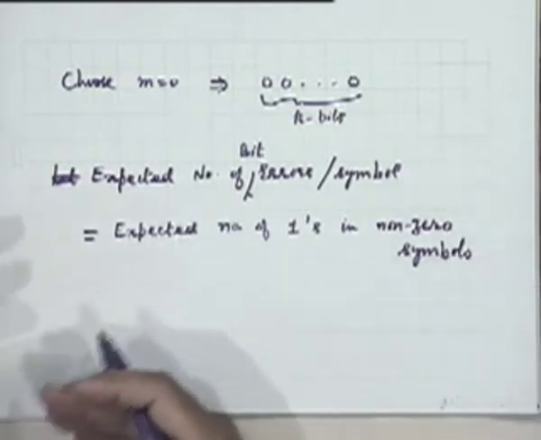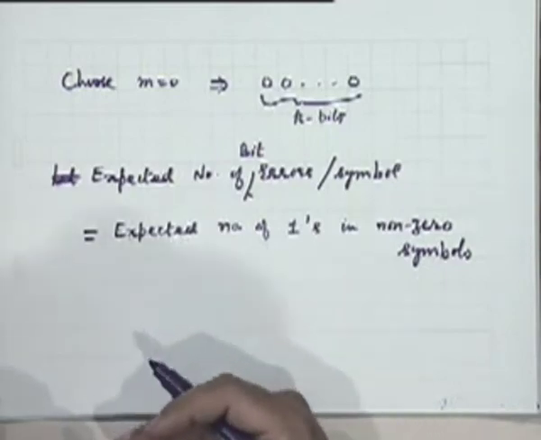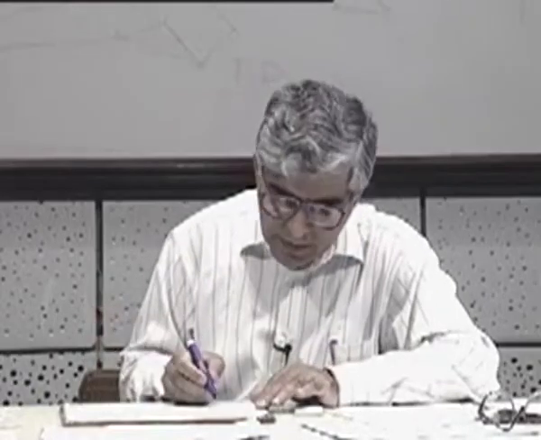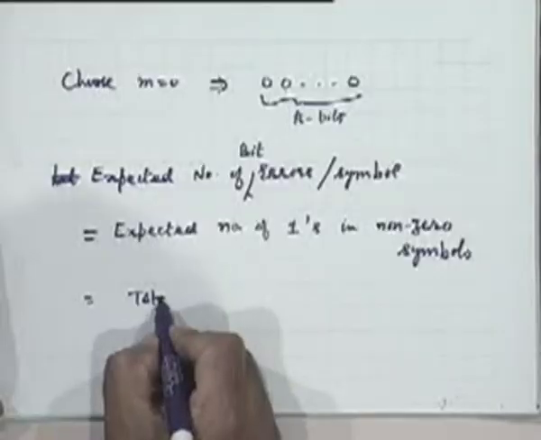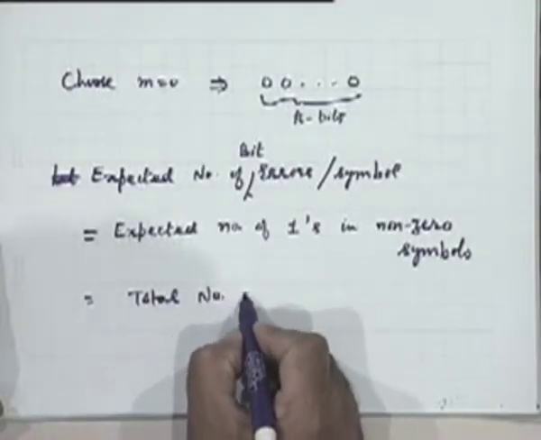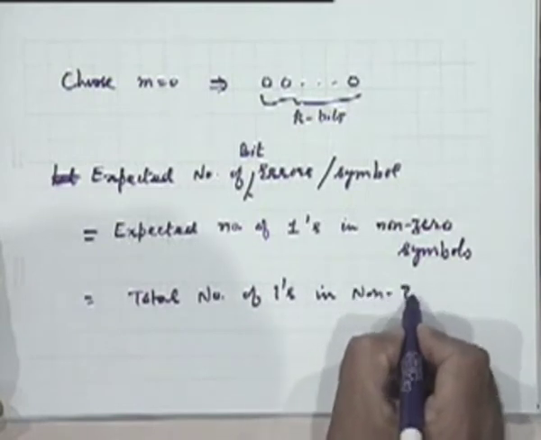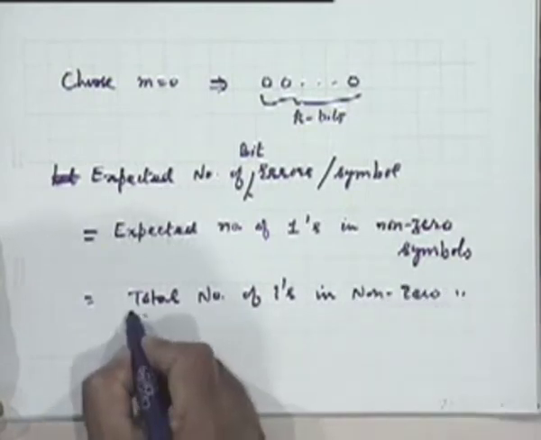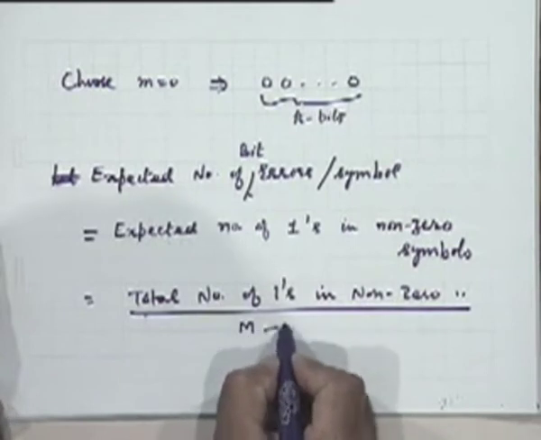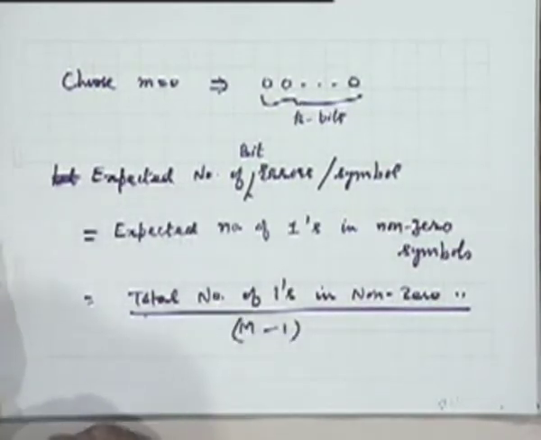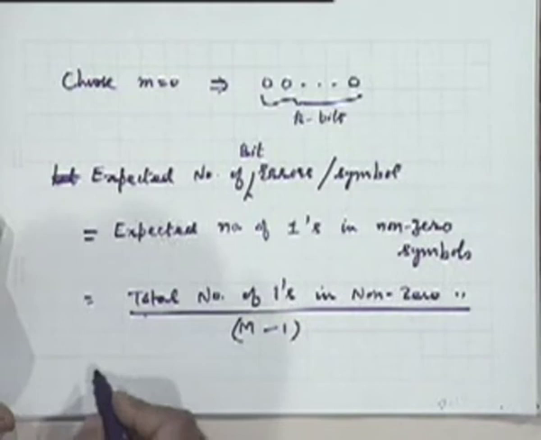So I have to just count the total number of ones in all the non-zero symbols, and divide by m minus 1, right?